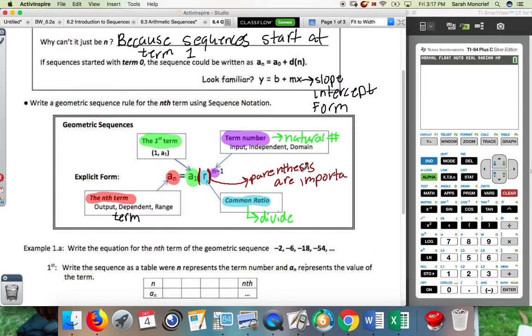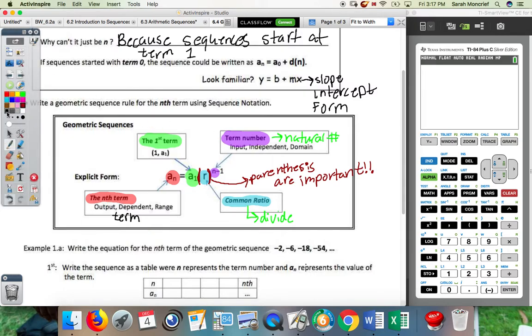Make sure you always include those parentheses in everything. Also, if you had a negative ratio, it might look more like subtraction. So always make sure you have that set of parentheses there at all times.